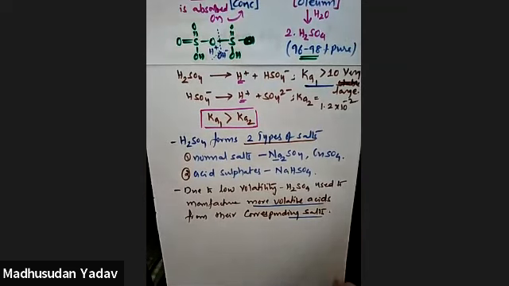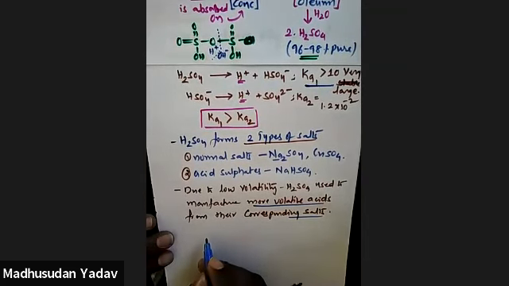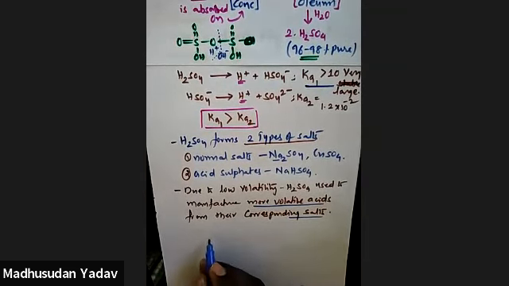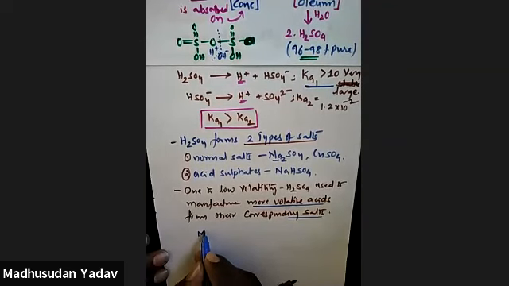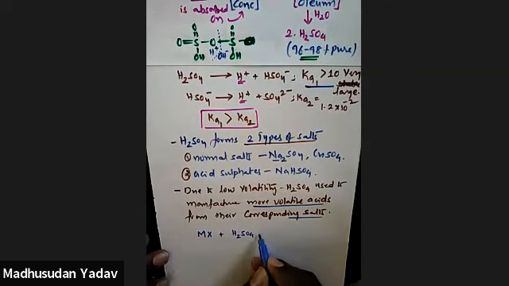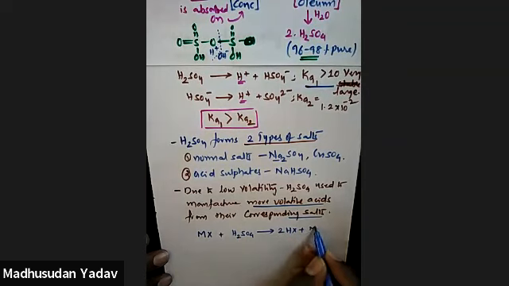So how? Suppose a metal halide MX is there, where M is a metal. On reaction with sulfuric acid, it converts into 2HX and M2SO4.